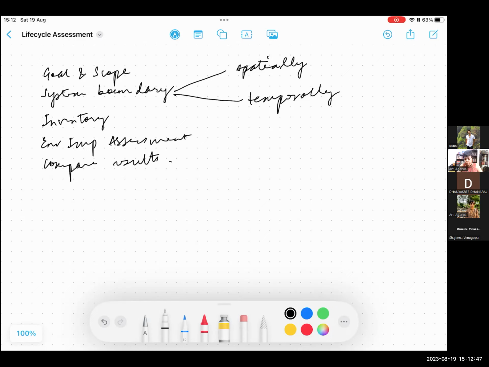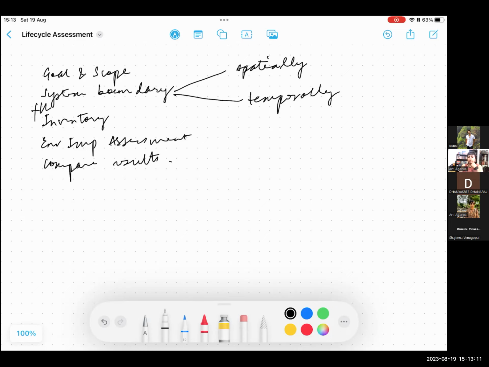In this, the identification of the functional unit is more or less done when you define the system boundary. I'll write it separately here. After defining the system boundary, you identify the functional unit. We've done this in week 4 at least.